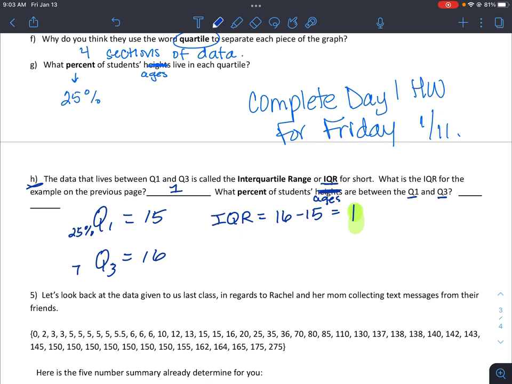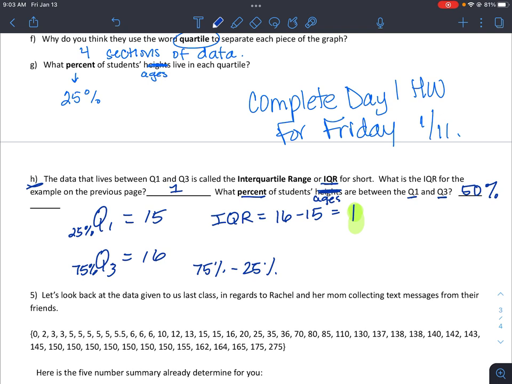Q3 is at 75% of the data. And then the max would be 100% of the data, going from smallest to largest. So what percent is between Q1 and Q3? 75% minus 25% is your 50%.